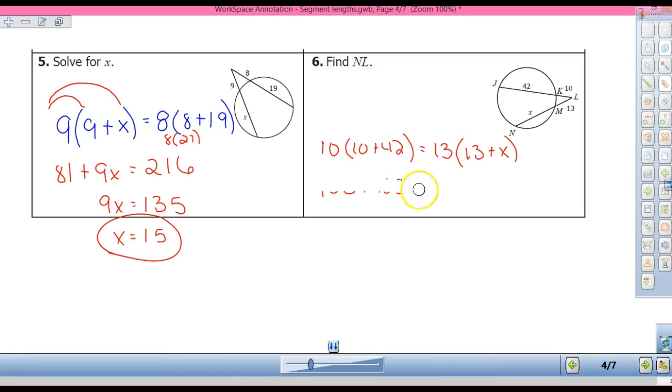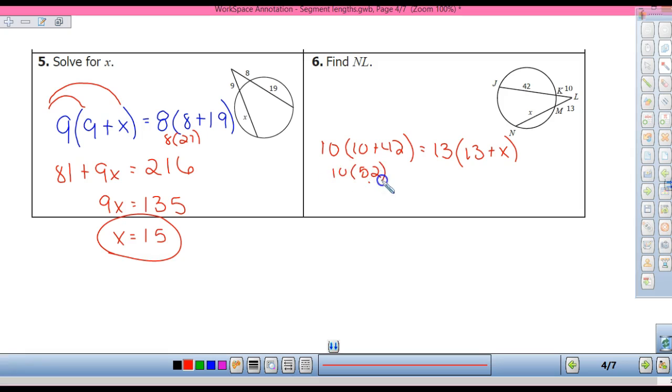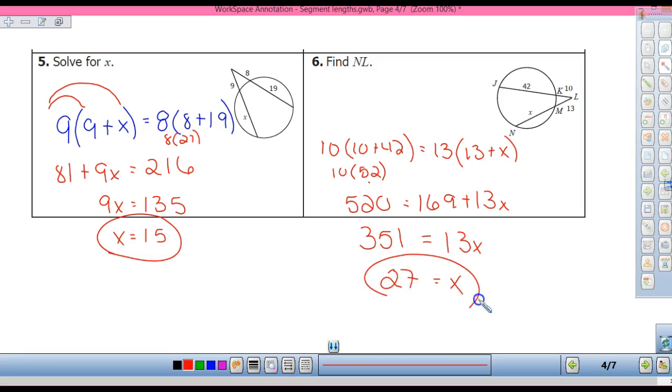Oh, that's not what I wanted to do. 10 times 52 should still get the same answer. 520 equals, what is that, 169 plus 13x? Right? Did I do that right? So 13x equals 351. X equals 27. Thank you.